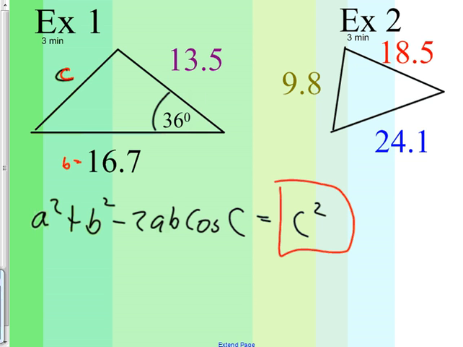I'm going to pause for a second while I pair you with somebody, and then you can check your answer against theirs. Okay, for the people at home, we have solved number one, and it came out to 9.8. Here's how we did it.